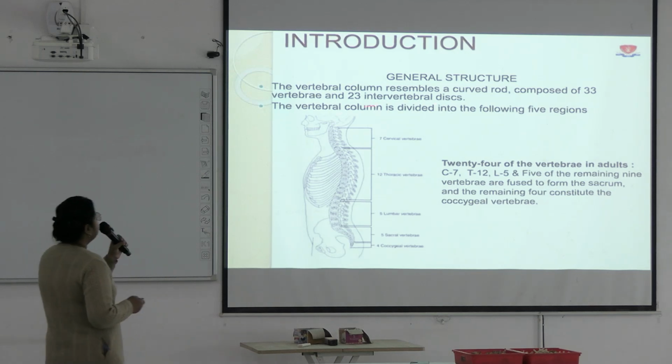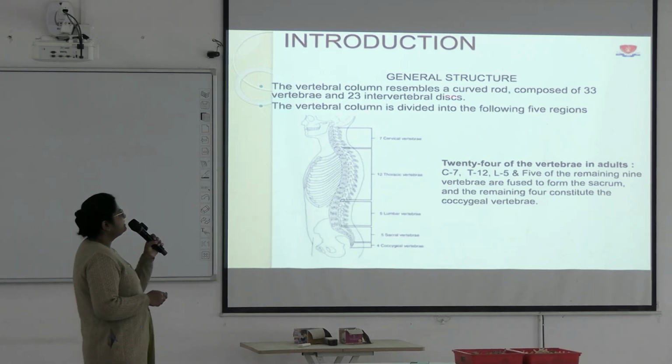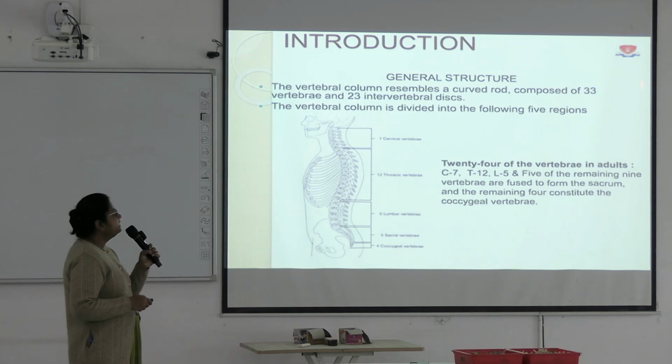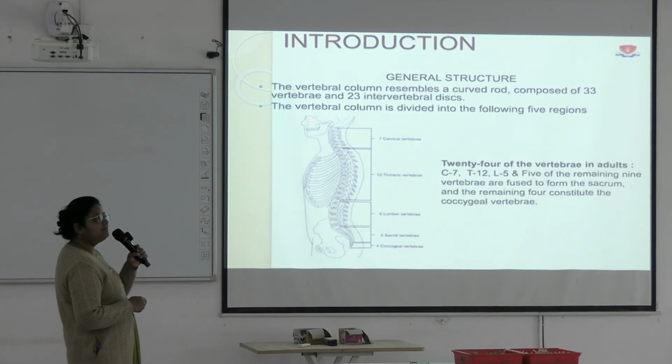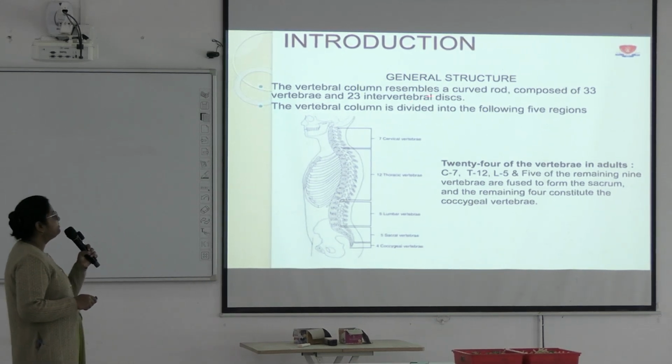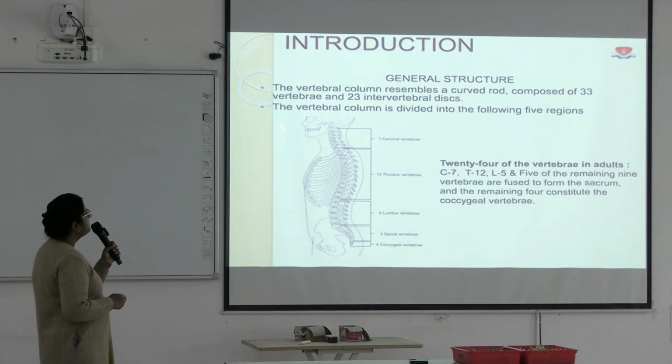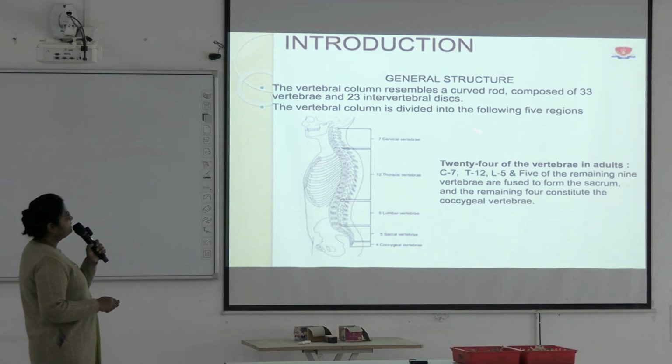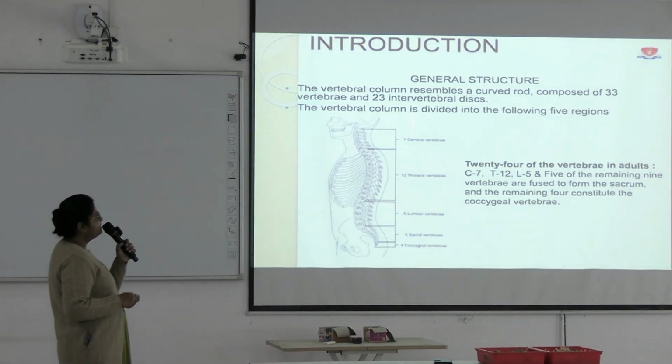So this is the vertebral column. It resembles a carved rod and is composed of 33 vertebrae and 23 intervertebral discs. This column is divided into the following 5 regions.